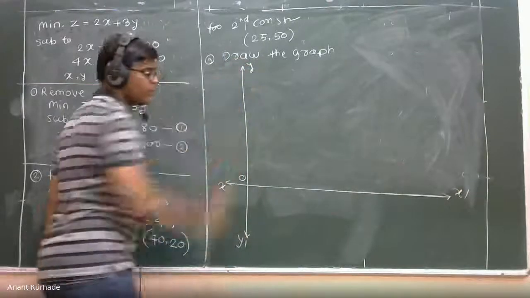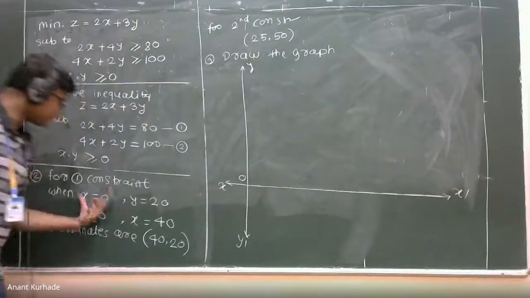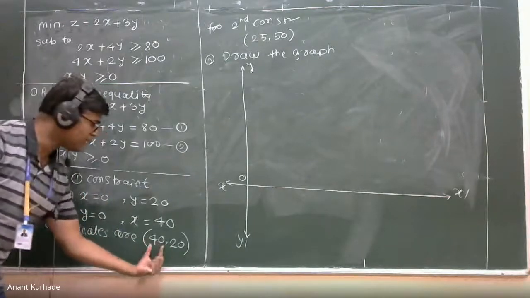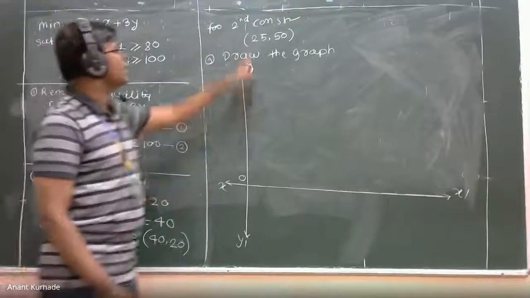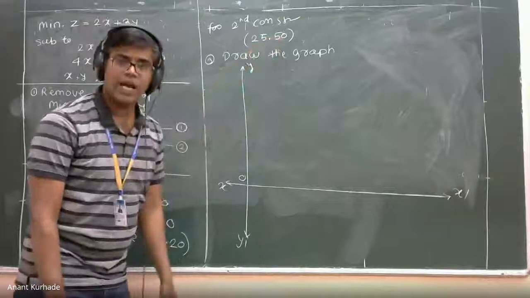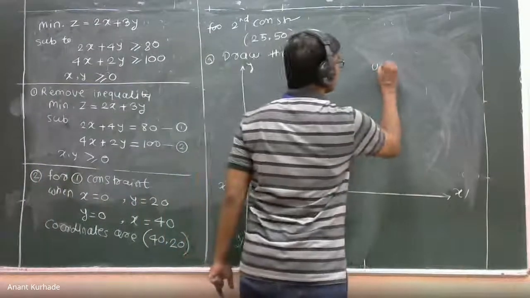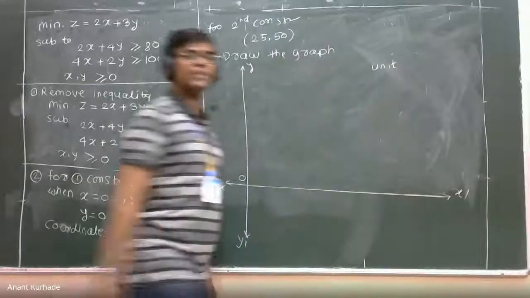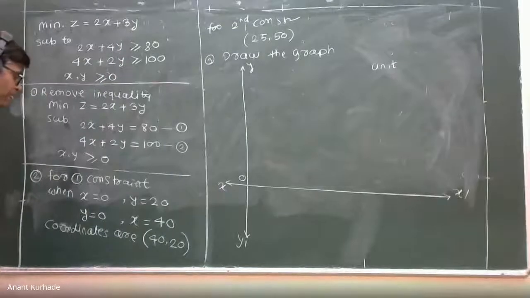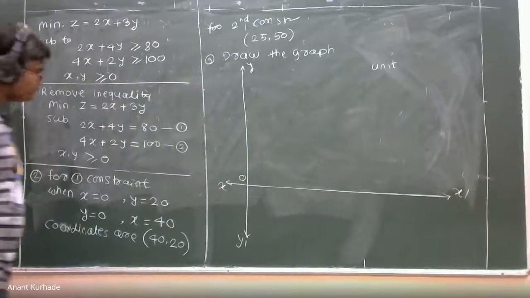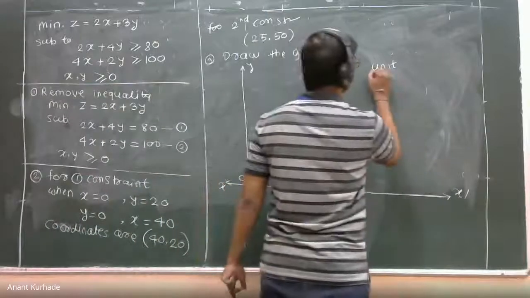Making arrows is important. The first line has coordinates 40, 20; the first number is on the x axis. Here it is 25, 50. Again, you have to use units here. This part is very important. We can easily mark 50 and write here one.